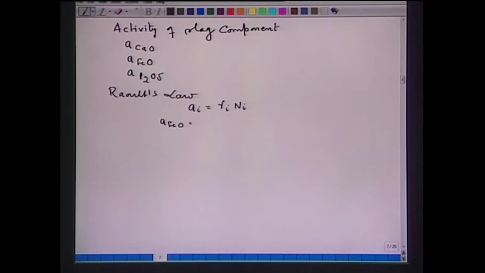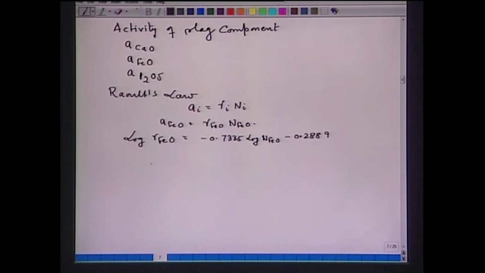Let us take the activity of FeO, which is a very important component for steel making. So, activity of FeO is equal to gamma FeO into NFeO. Now, log gamma FeO is equal to minus 0.7335 log NFeO minus 0.2889.